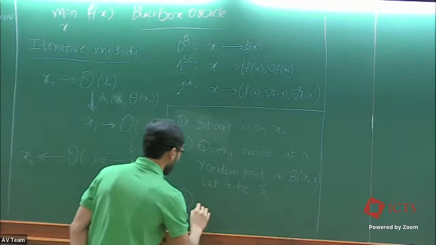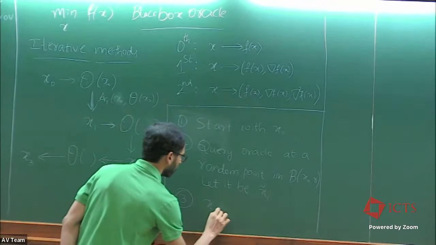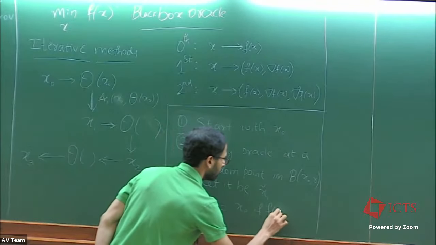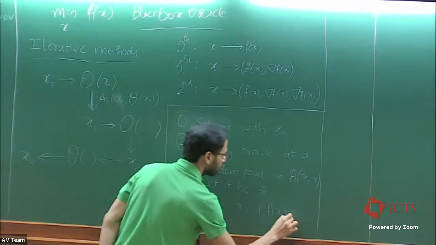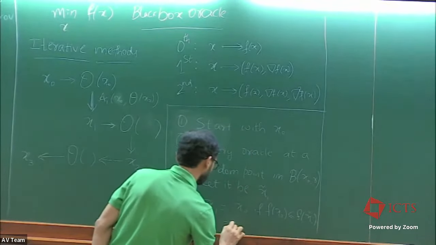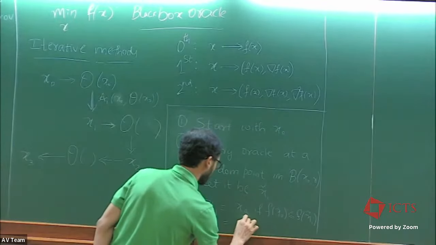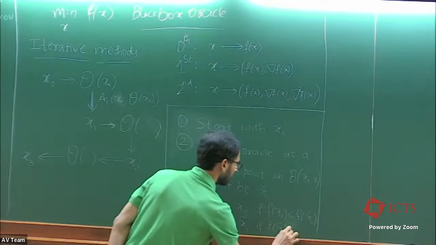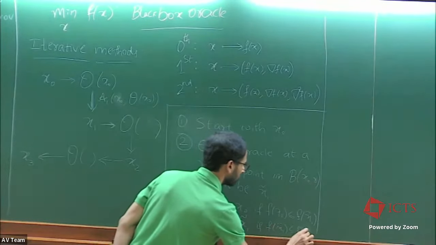So the algorithm would do the following: x1 is equal to x0 if f of x0 is less than or equal to f of x1 twiddle, and this is x1 twiddle if f of x1 twiddle is less than or equal to f of x0.